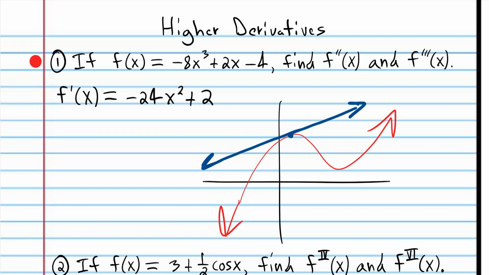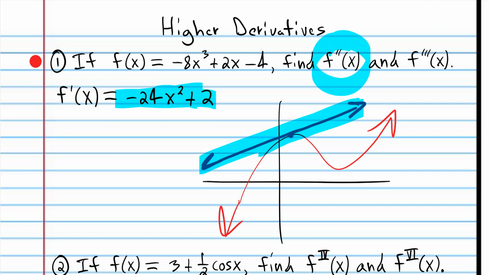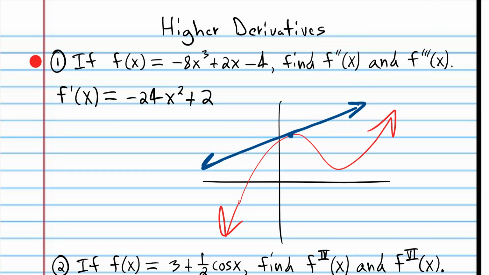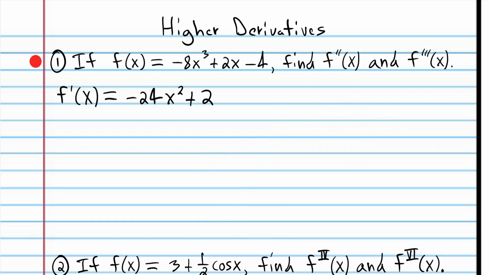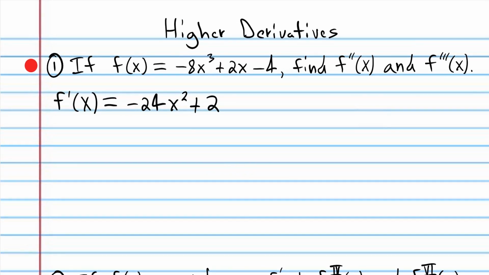So again, the double derivative or the second derivative, whatever you want to call it, f double prime, is how fast the slope of this line is changing as x changes, whereas the first derivative is just the slope of the line. The double derivative is how fast the slope of the blue line is changing. So when you find higher derivatives, you're just finding rates of change of rates of change. How fast are the actual rates changing?